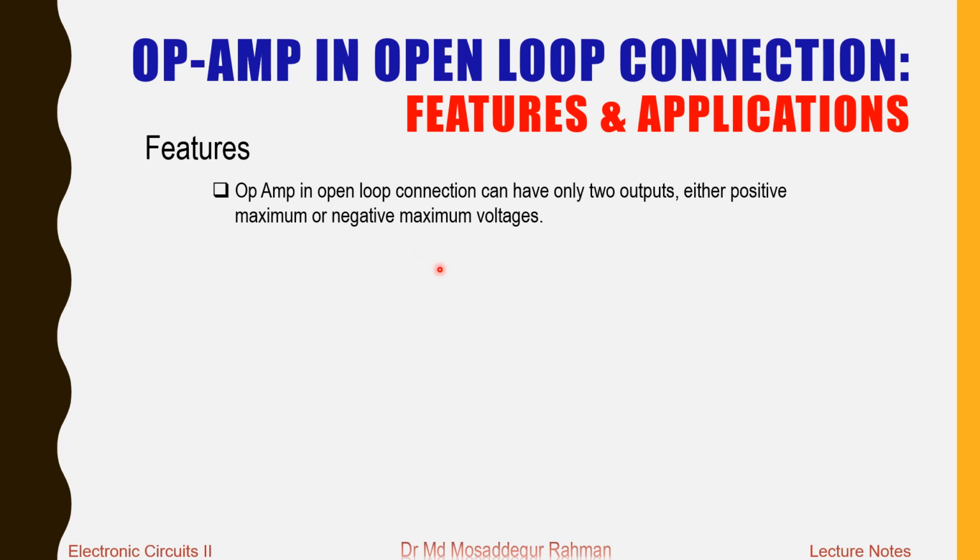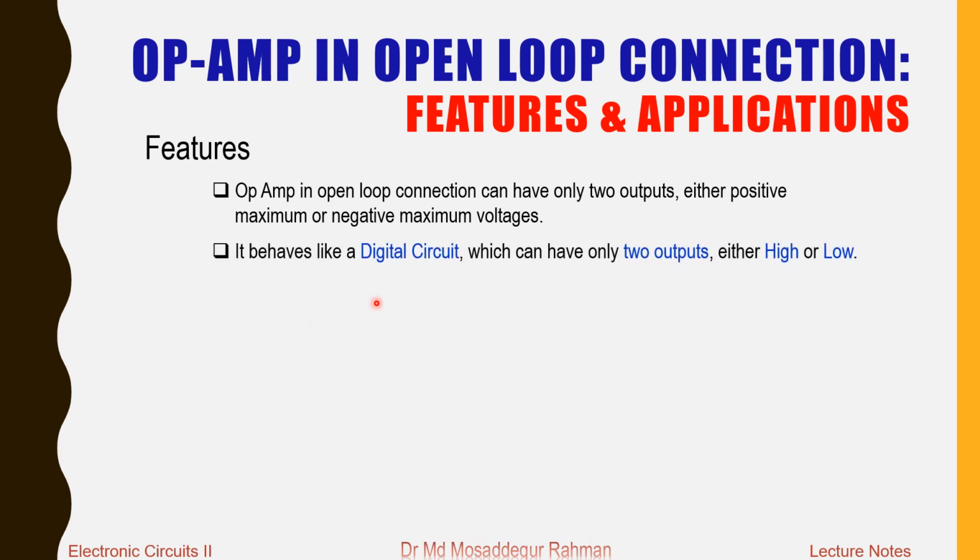You cannot have any other output, right? Nothing in between, nothing more or less. So op-amp in open loop connection behaves like a digital circuit with only two outputs, either high or low. The positive maximum can be considered as high, while the negative maximum you can consider as a low output.